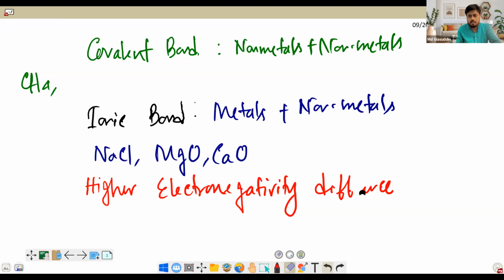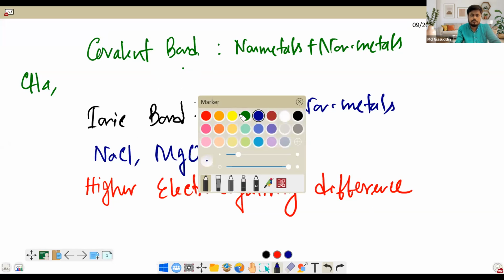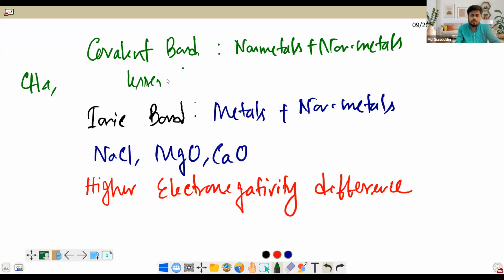is responsible for ionic bonding. Okay. And here in case of covalent bond, we can find there is a lesser electronegativity difference. Are you getting it? Lesser electronegativity difference.